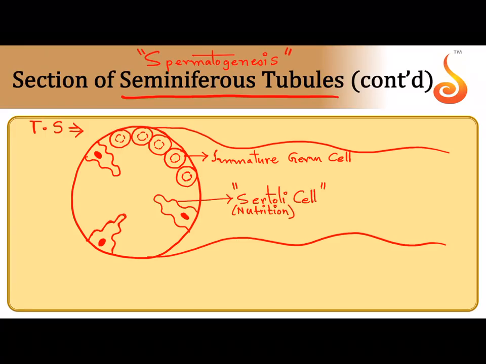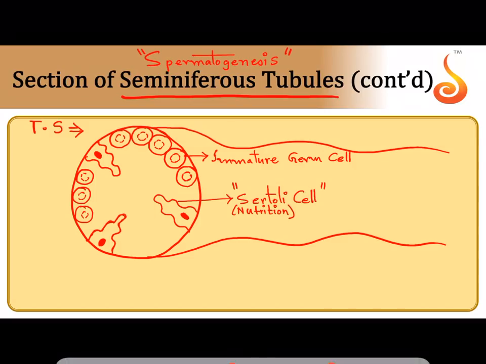And the reason I'm showing this to you is because I want each one of you to keep a fair copy and replicate this diagram which I'm showing here, so that you will register the concept even more thoroughly. So this outermost layer, I've shown it only in one place, but please remember this outermost layer of germ cells is present all over the seminiferous tubule.